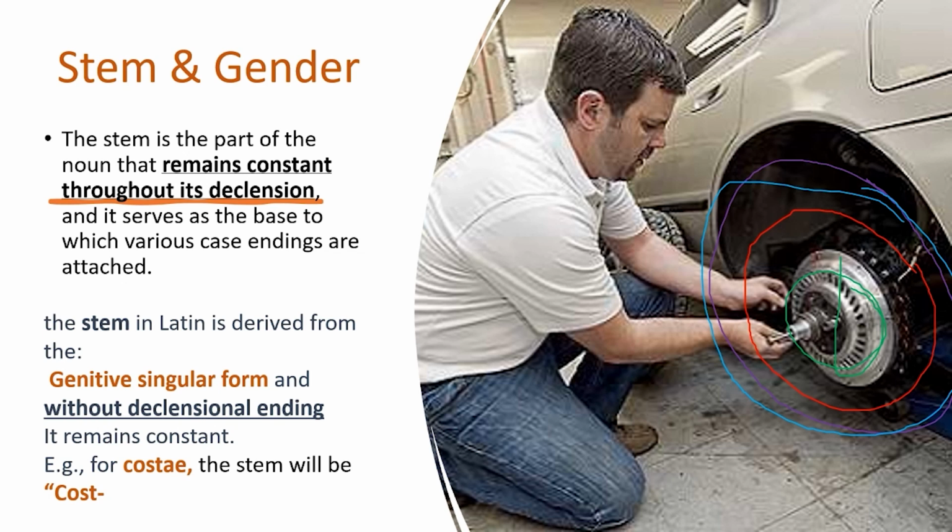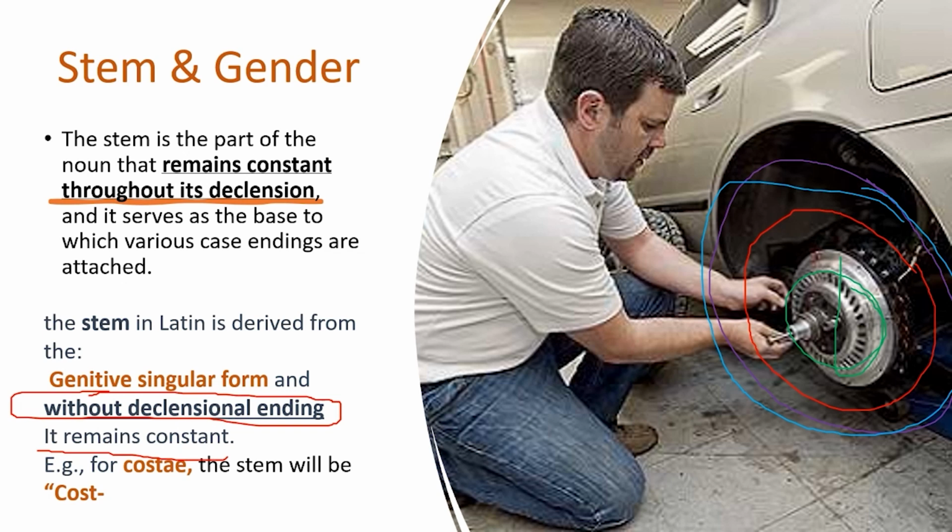You need to use the genitive singular form, without declensional endings. This is really important, because you do not have to use the declensional ending. Without declensional ending, and it will remain constant, as I mentioned earlier.